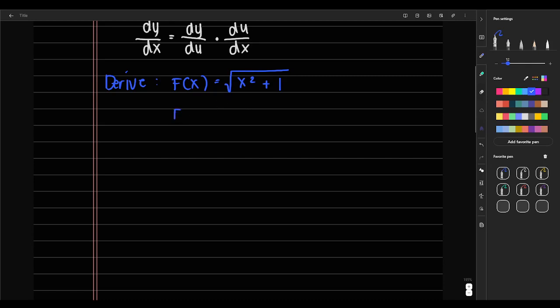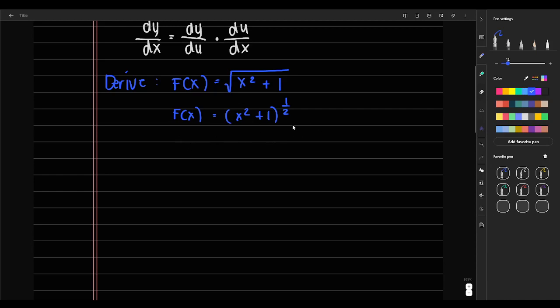So we could rewrite this equation as the quantity x squared plus 1 raised to an exponent of 1 half. The index of the square root has a value of 2, and if it were a higher root, it would be written in this place. But since there's no value here, we assume it is the square root, so the exponent in rewriting this equation would be 1 half.